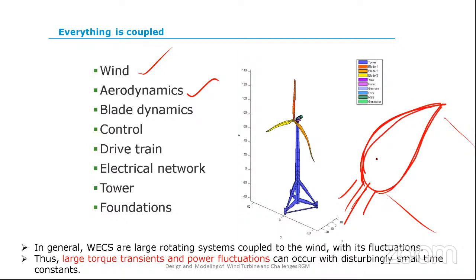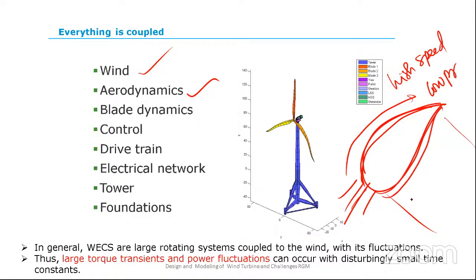The upper portion has high speed and low pressure, and the bottom region has low speed and high pressure. The high pressure region always tries to move to the low pressure region, so the entire blade starts rotating. That is aerodynamics and blade dynamics. The control system, drivetrain, electrical network, tower and foundation are all coupled.